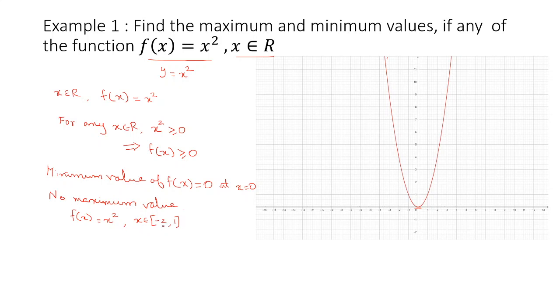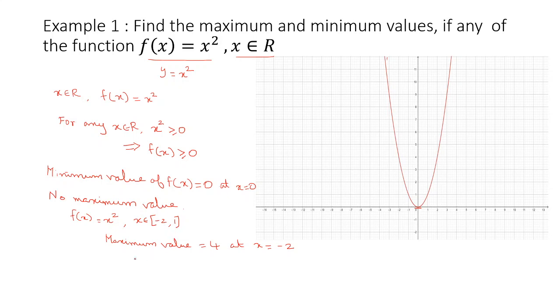In this case the maximum value will be 4 at x equals -2. The minimum value will be 0 only if 0 is included in the interval, and here 0 is included.